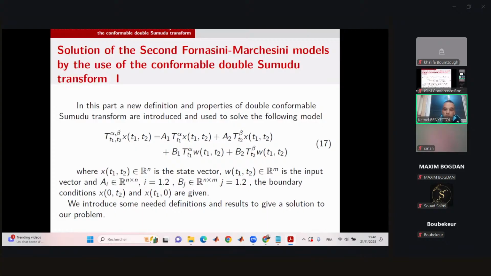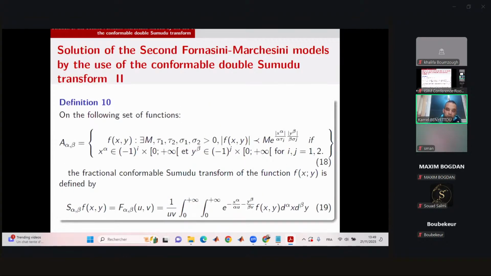We introduce some needed definitions to give the solution of our problem. In this part we use a new transform, which is called the double Sumudu transform. Before this definition, I will present a new set of functions.